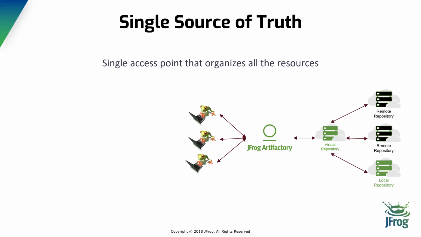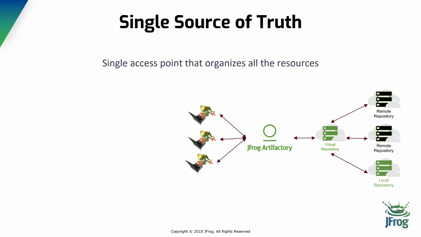A remote repository would be the NuGet gallery for NuGet, the NPM registry for NPM, or Docker Hub for Docker. Then the requested artifact will be stored in Artifactory, and then transferred to the developer who initiated this request.